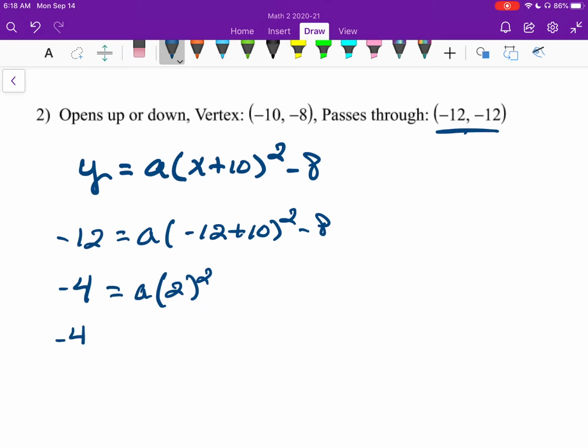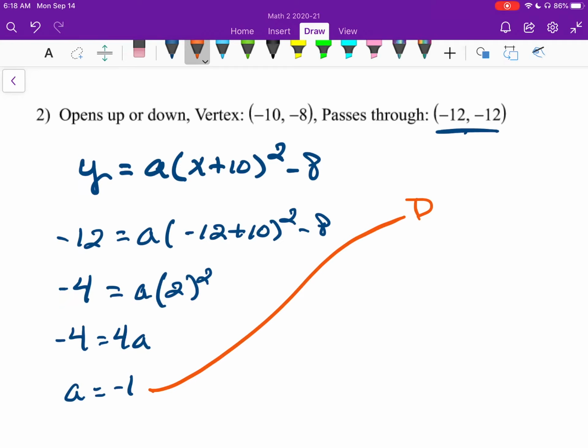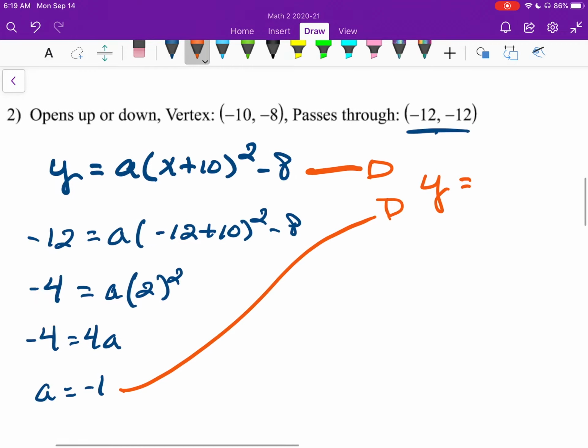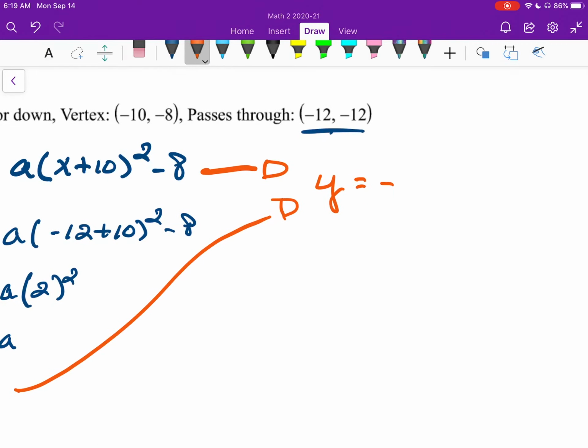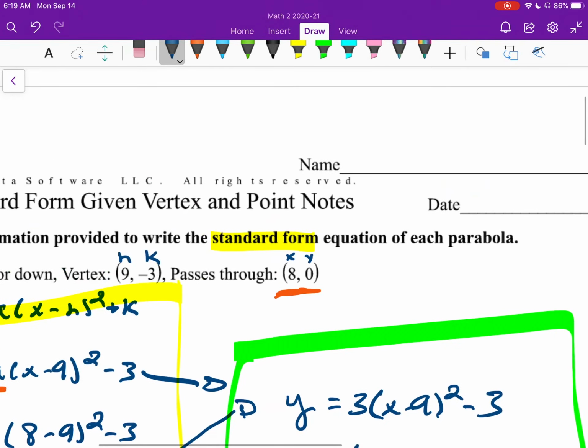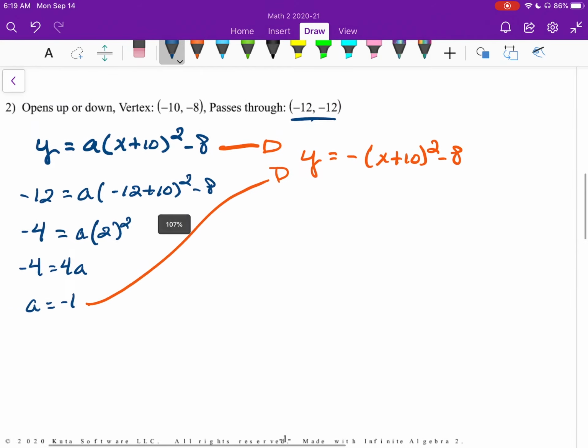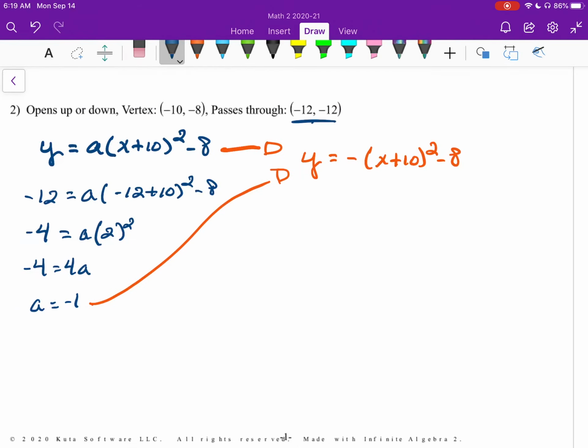So this is negative 4 equals 4a, so a is negative 1. So I can take this guy up there along with this guy, and I get y equals negative (x plus 10) squared minus 8. Right? Because with negative 1, we could just put a negative there if we wanted to.